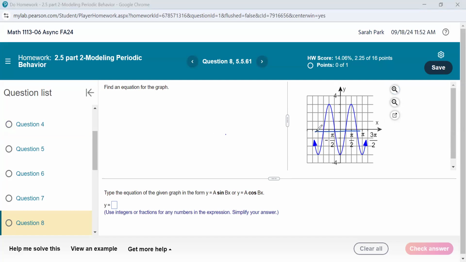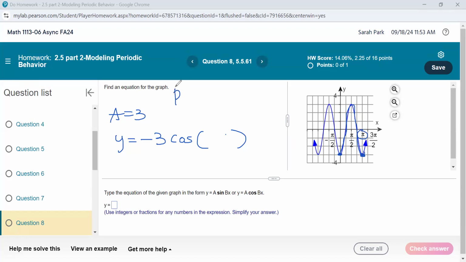But the amplitude, how high it is, right, is going to be 3. But because it's at -3, there's going to be a negative in front of the a. So cosine, we don't know what b is yet. Okay, to find b, we need to find the period first. So the period is from the lowest point to the high and then back to the lowest point. So it's pi.